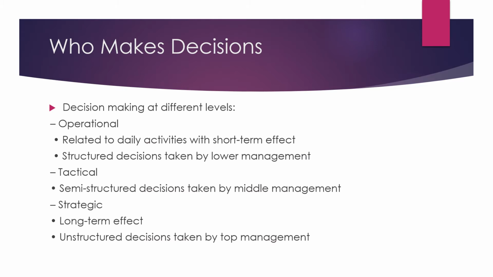Here we discuss in much more detail who makes decisions. Decisions are made at different levels, as I discussed earlier. Operational: related to daily activities with a short-term effect, structured decisions taken by lower management. Tactical: semi-structured decisions taken by middle management.